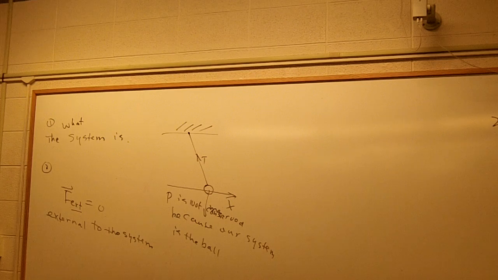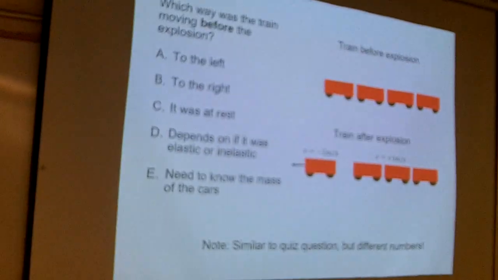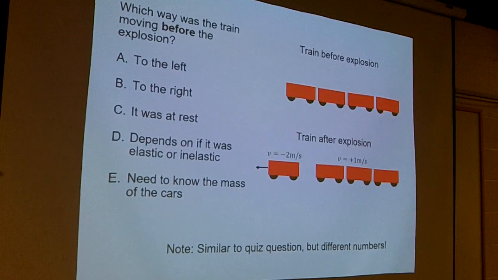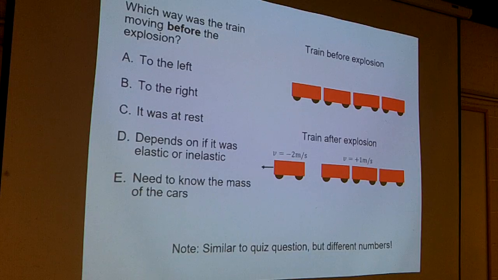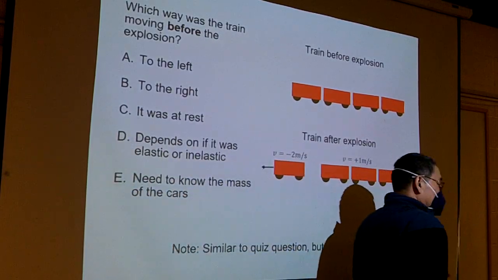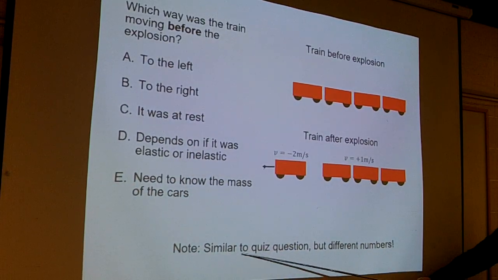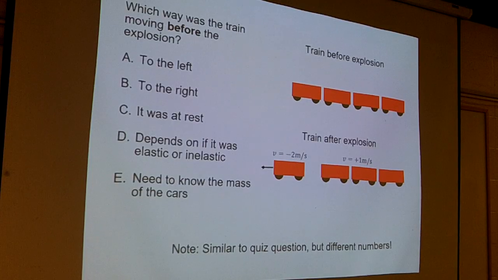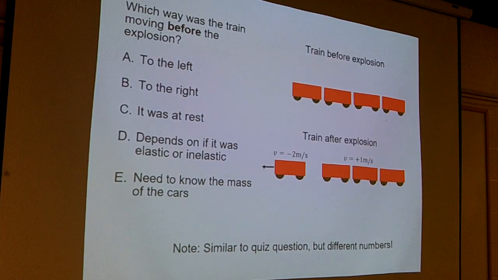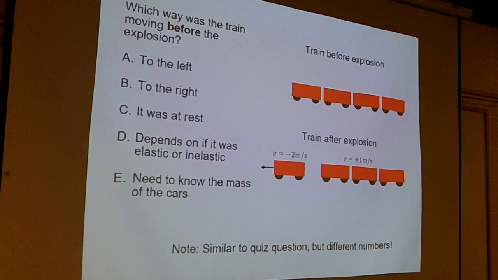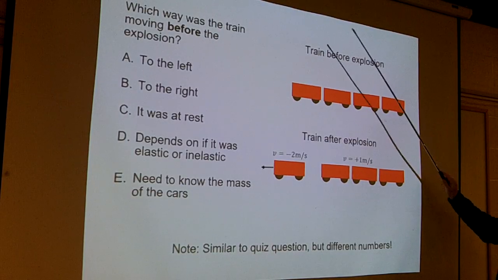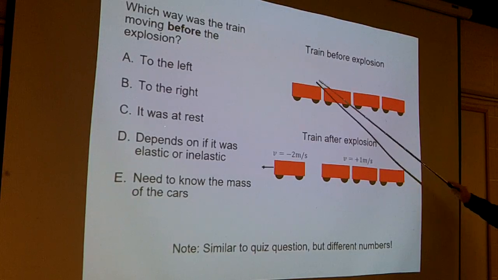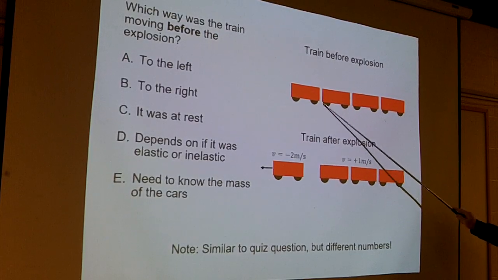And if you notice the notes on this slide, something you must be very interested in: a similar problem will show up in the quiz. So you need to pay close attention to this particular example. This example is about the train. You can see the train before the explosion between these two cars.